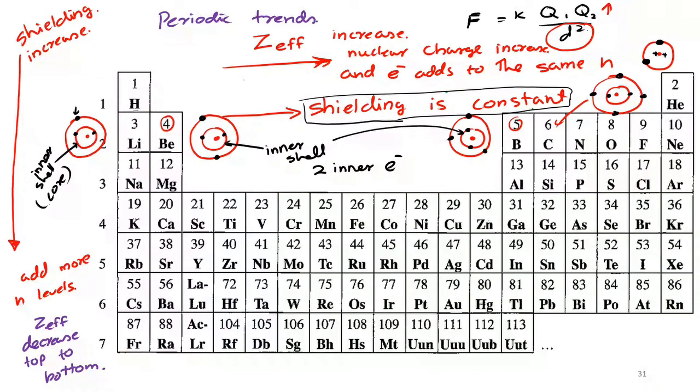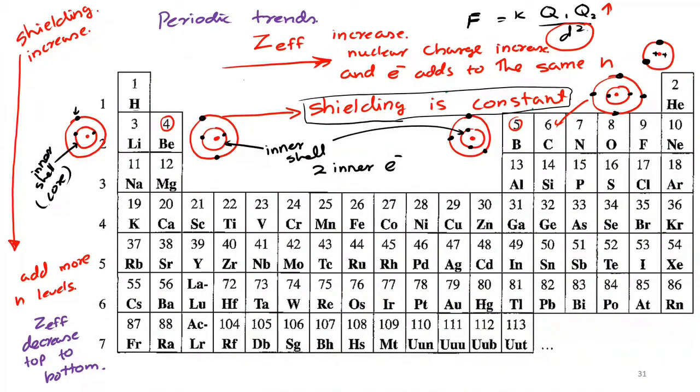Okay, now in the periodic table, we are going to look into a lot more trends. But these 2 trends we talked about right now, ZEF, the effective nuclear charge, and shielding, can explain most of the trends you see in the periodic table. So the other trends, it's like the Holy Grail.